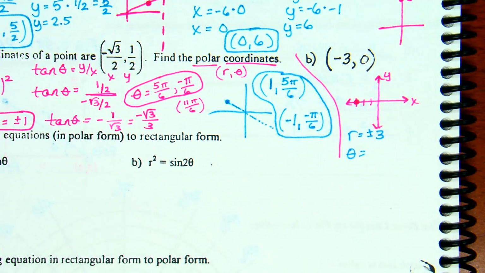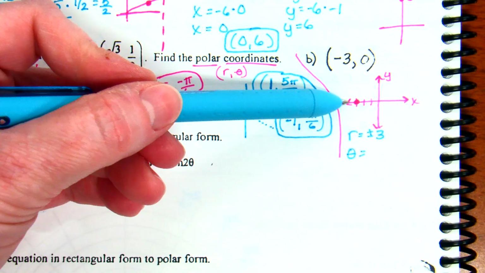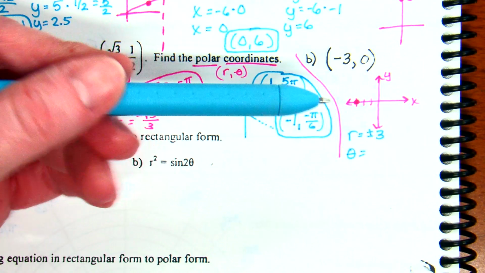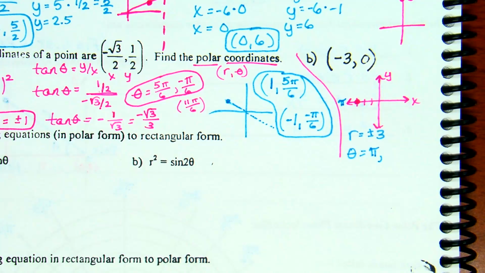What about theta? If you look at the unit circle, what angle is this on? What angle is this over here? This is at 0 on the left side. 180 degrees, which I'm going to call pi. So one of our angle options is theta equals pi.